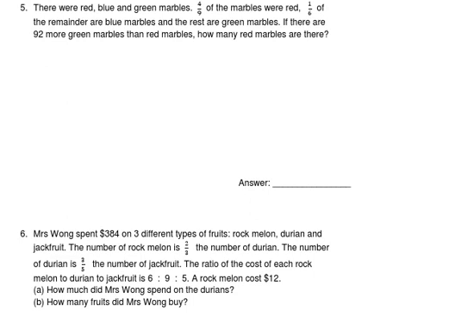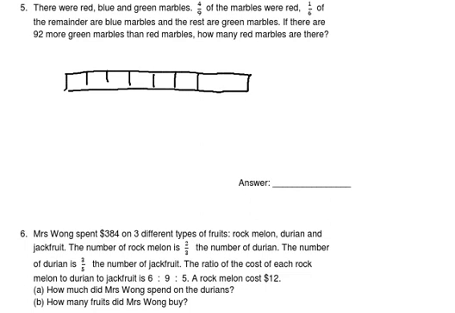Okay. So, I'll try to draw it as straight as I can. Okay, so 4/9 of the marbles were red. I'm going to cut into how many parts? 9. 1, 2, 3, 4, 5, 6, 7, 8, 9.